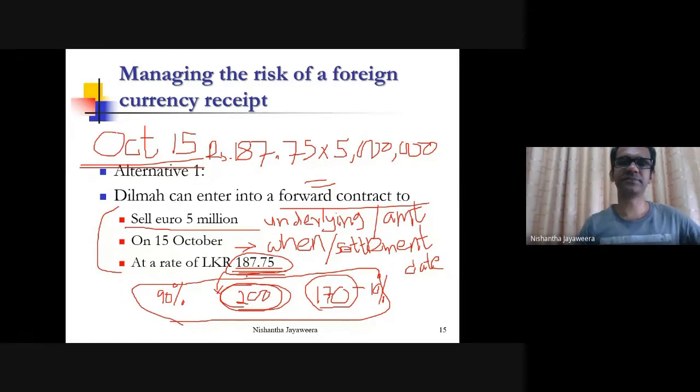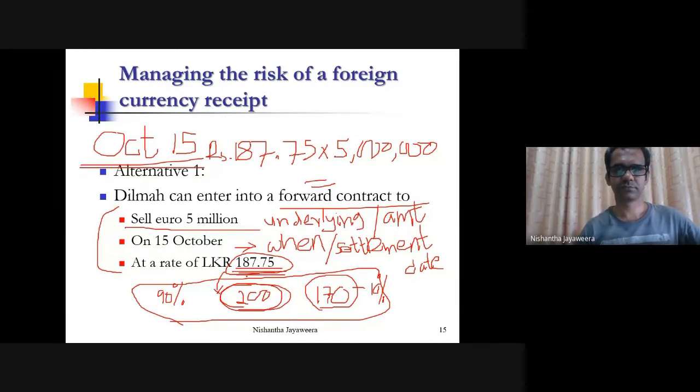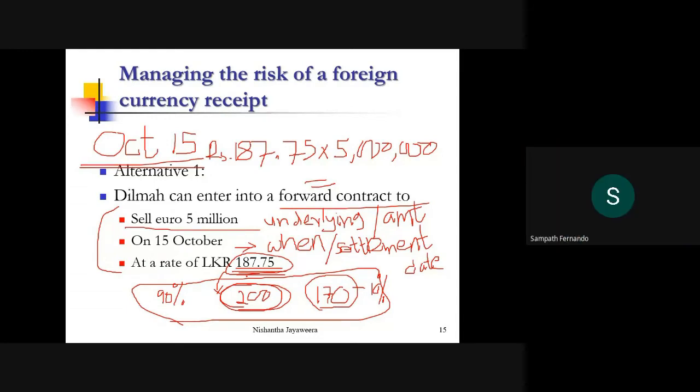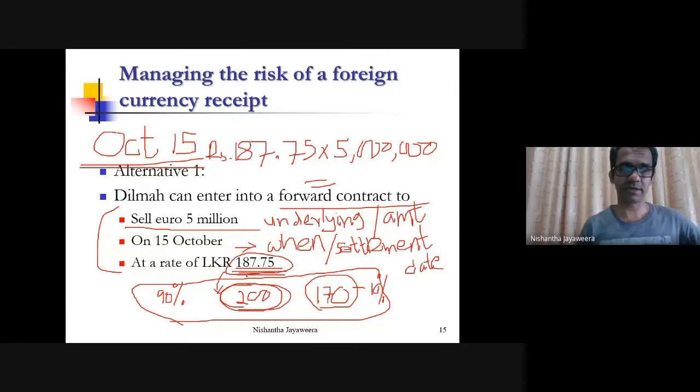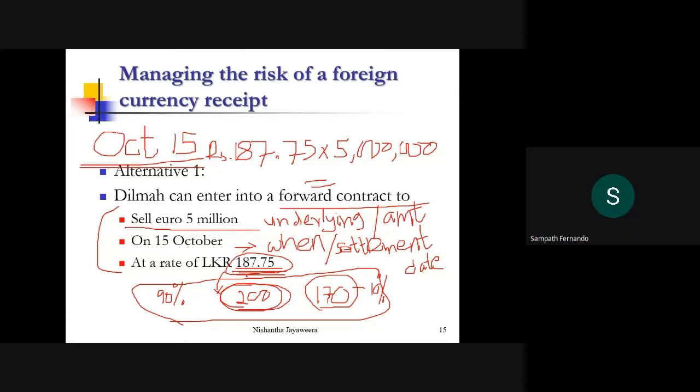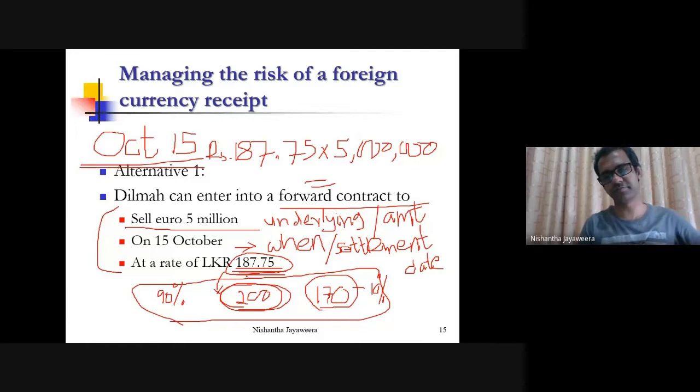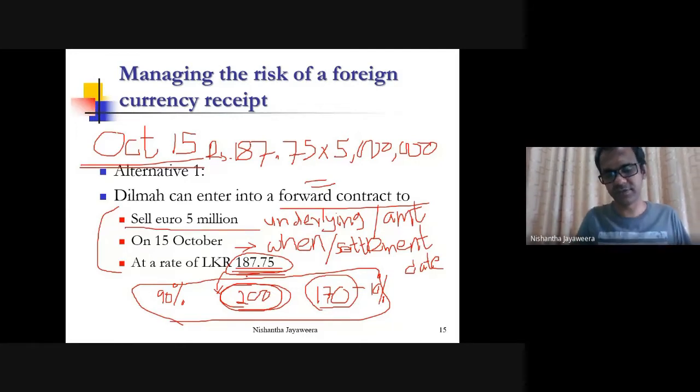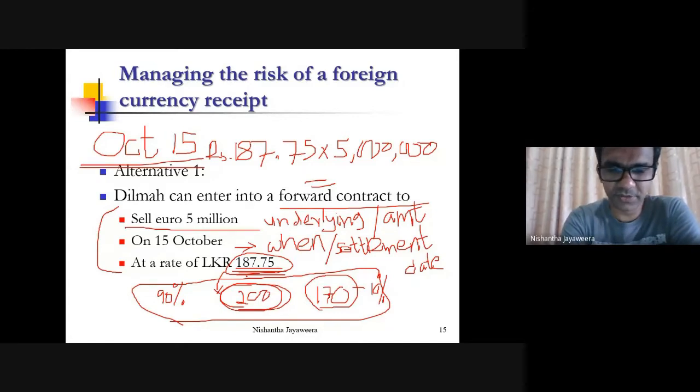Okay, anything else? Sir, in Treasury, who is doing this forecasting? In the bank, there should be some economist or research desk doing these forecasts.